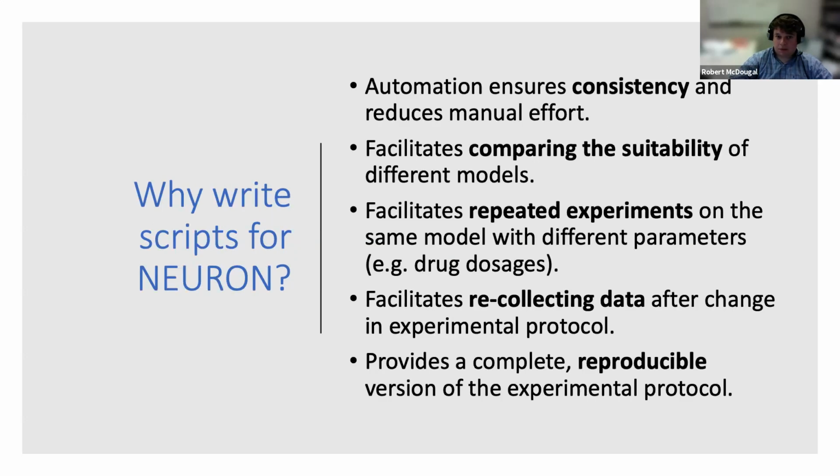Writing scripts for Neuron, we can automate, ensure consistency, and reduce manual effort. It makes it easy to swap things out. If you've written things in a consistent way, you can try it with this cell, you can try it with that cell, and you can have an entire elaborate procedure that you can just swap out. You can automatically do a series of experiments, for example, how does this respond as conductances change or drug dosage changes?